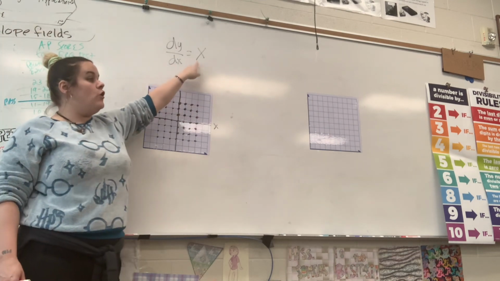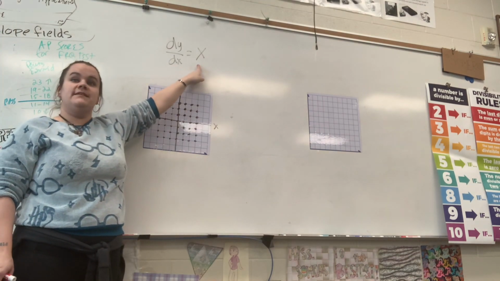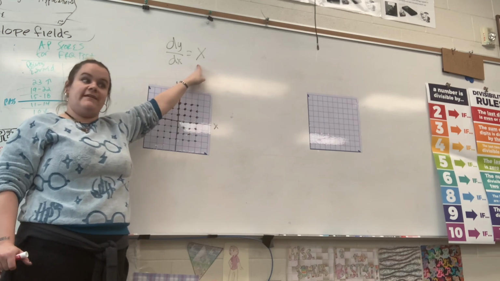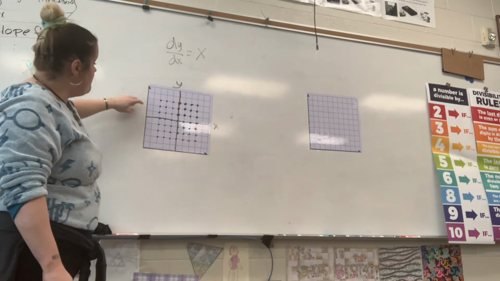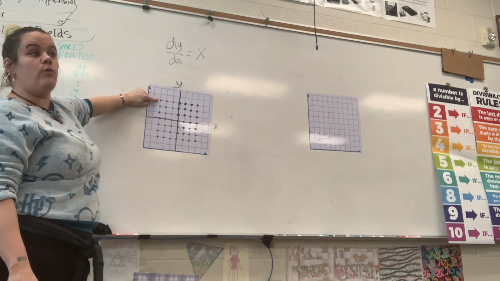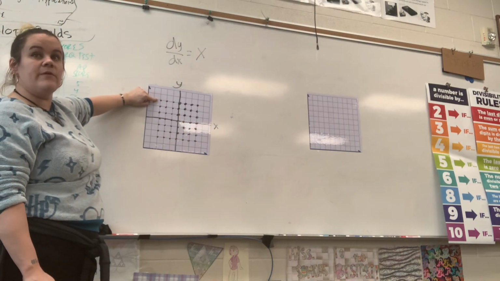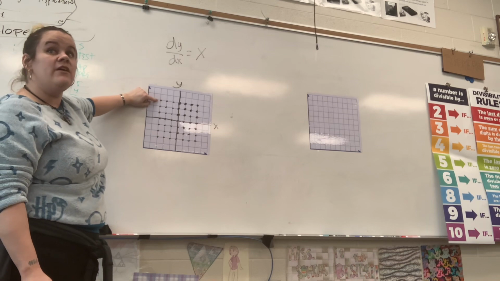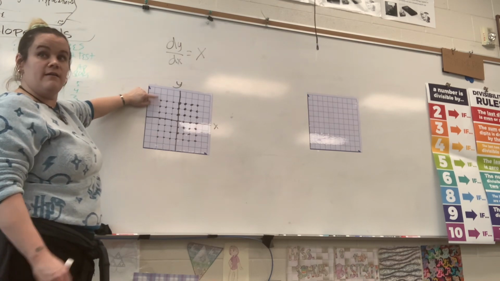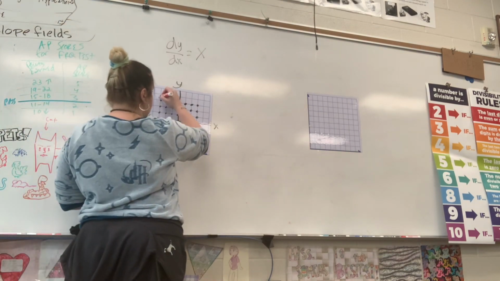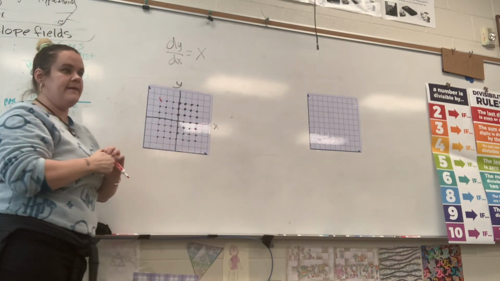Because the slope at any point is the x coordinate at that point. So I don't know if my graph goes through the coordinate point here at -3, 3, but if it did, the graph would have a slope of -3 there. Okay, so then I'm going to plot it. I know that doesn't make sense yet, but just stay with me, okay?